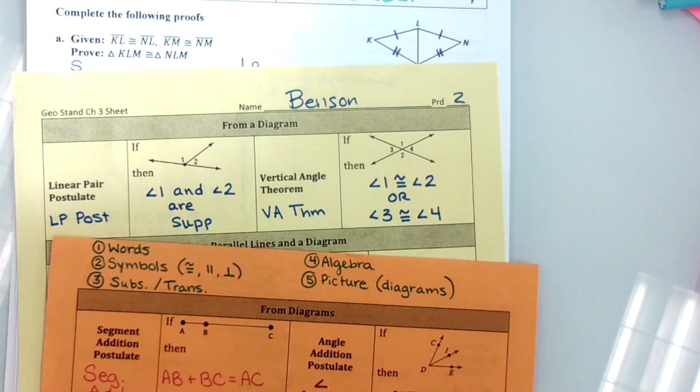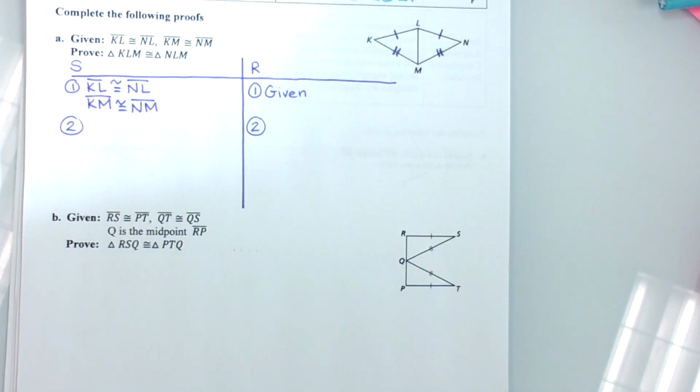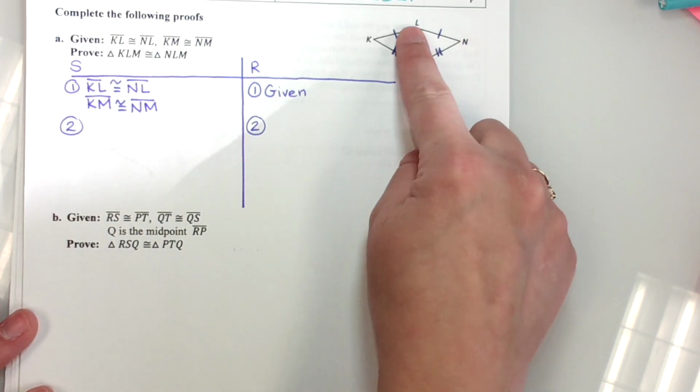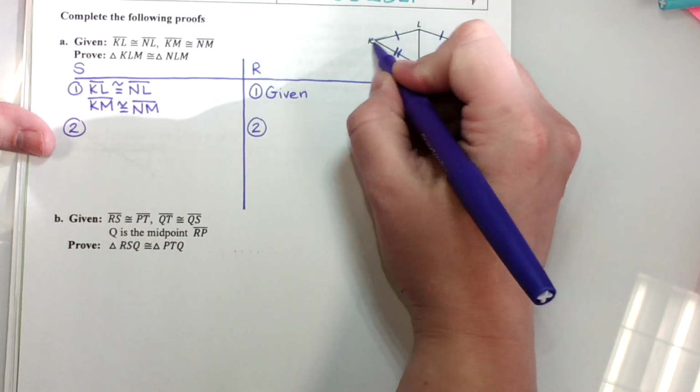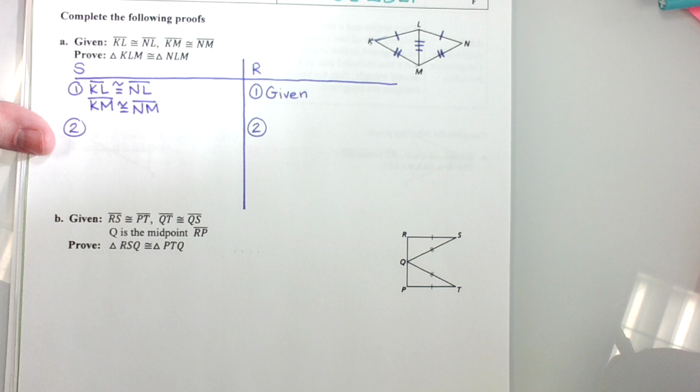There are no vertical angles. The other way, and we talked about it already a little bit today, is if the 2 triangles share either a side or an angle. Do my 2 triangles share anything? What do they share? They share the side LM. So I'm going to say it's congruent to itself.